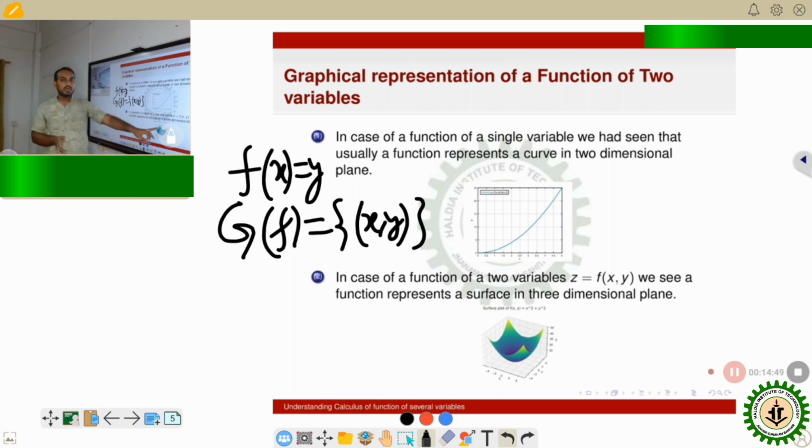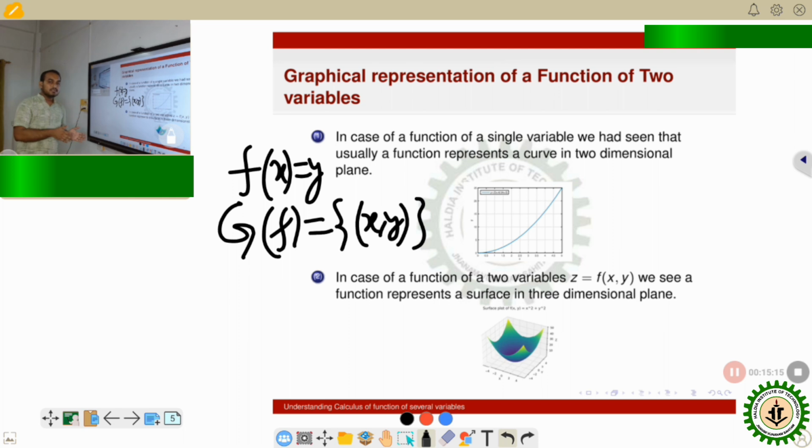Since the number of input variables is 2, its graph will be in 2 plus 1 dimensional space. That's why it is in 3-dimensional space, and its graph looks like a surface. Here I have utilized the function f of x, y equal to x square plus y square. You can verify that the graph of the function in 3-dimensional space is basically a surface.